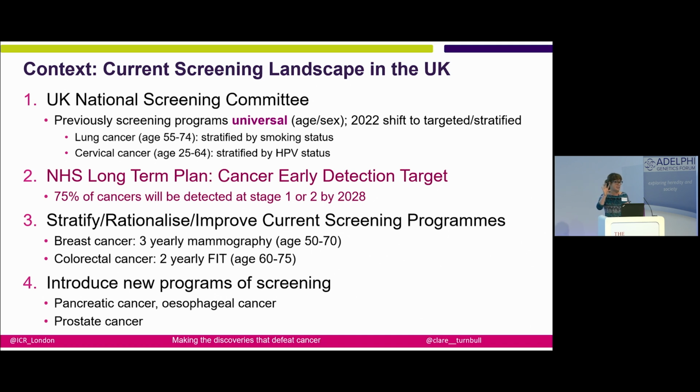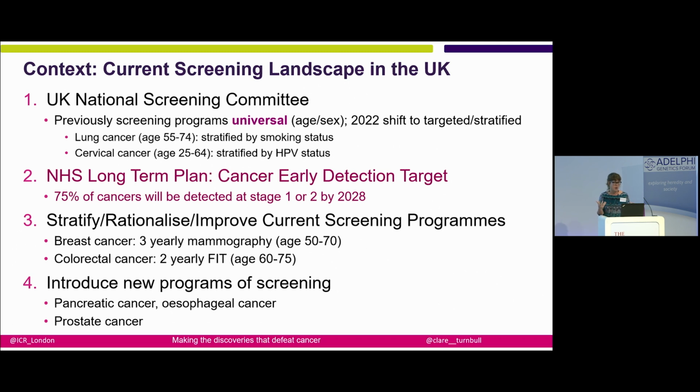They set that at 2028, which was highly ambitious, and I won't divert, but it's a target that lends itself to diversionary tactics. The ambition is ultimately to improve survival and mortality, and they have framed that as increasing early stage detection.